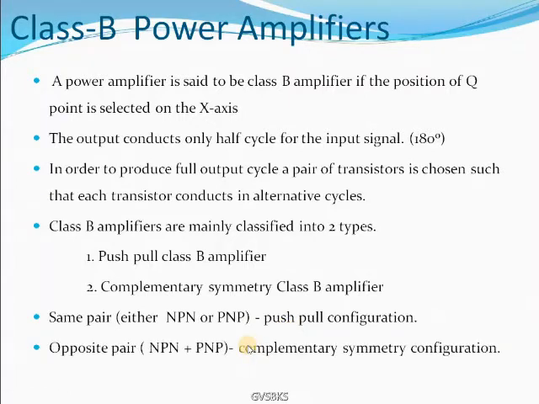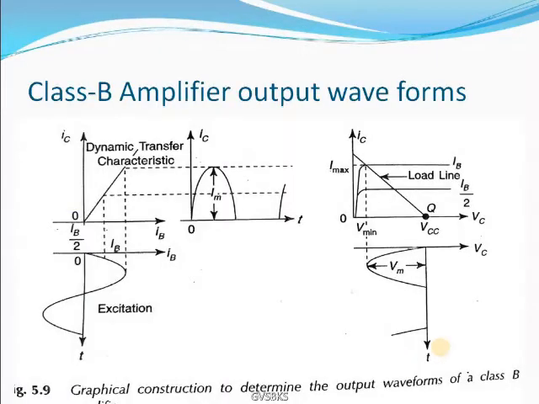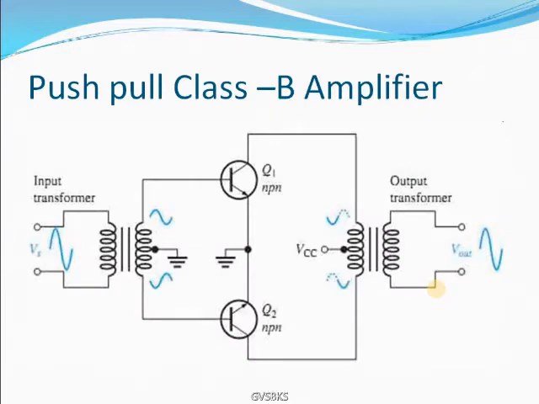If opposite types of transistors are used, which means one is NPN and the other is PNP, then that configuration is called complementary symmetry configuration. This is the output waveform of a Class B power amplifier. Here you can observe the Q point is located on the x-axis and only one half cycle is reproduced at the output side. Let us move to the first classification of Class B amplifier, the push-pull Class B amplifier.